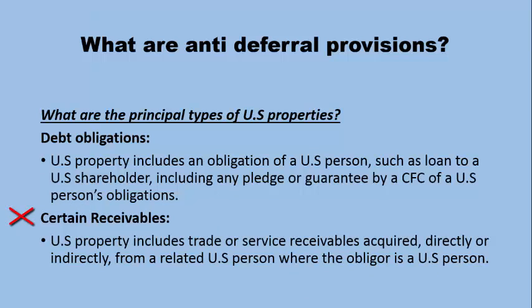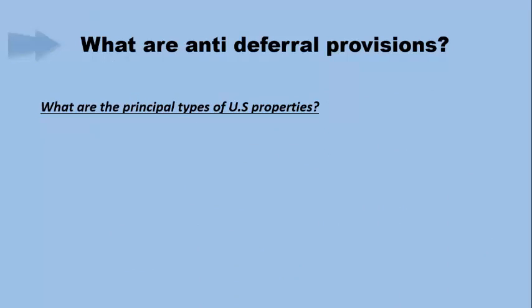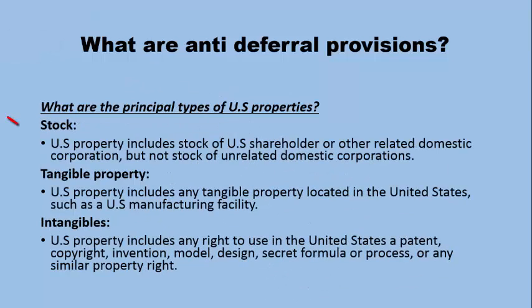Certain receivables. U.S. property includes trade or service receivables acquired directly or indirectly from a related U.S. person, where the obligor is a U.S. person. Stock. U.S. property includes stock of a U.S. stockholder or other related domestic corporation, but not stock of unrelated domestic corporations.